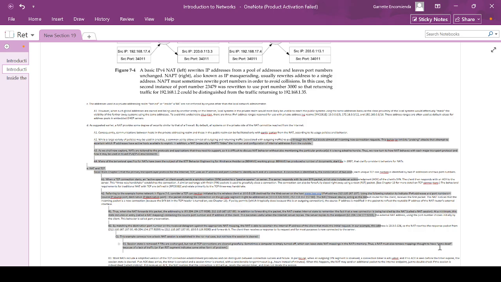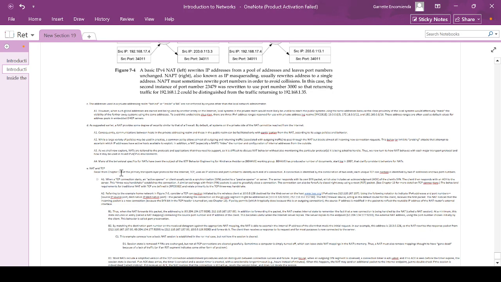Many of the behavioral specifics of NATs have been the subject of the IETF Behavior Engineering for Hindrance Avoidance, or Behave, Working Group. Behave has produced a number of documents starting in 2007 that clarify consistent behavior of NATs.